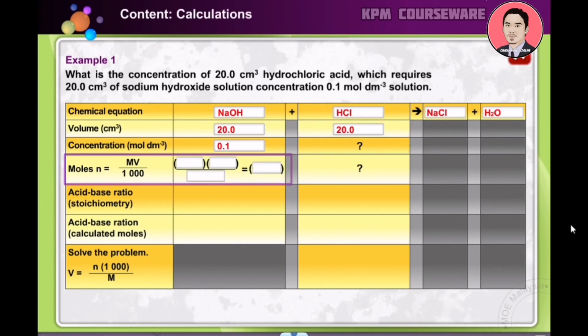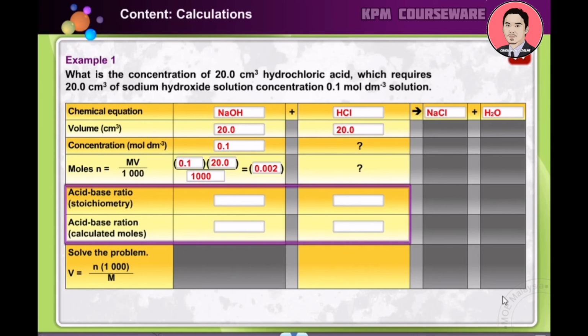Calculate the number of moles of sodium hydroxide in a given volume. Next, the stoichiometry and the calculated moles. Calculate the number of moles of sodium hydroxide. Then, calculate the number of moles of hydrochloric acid.